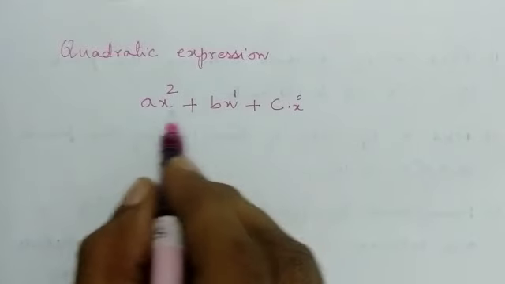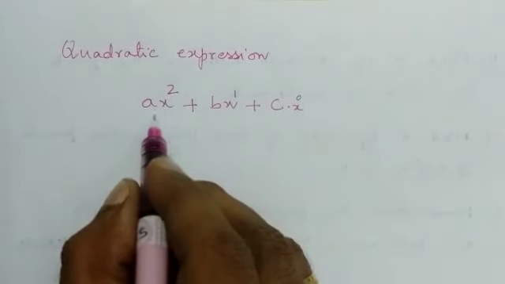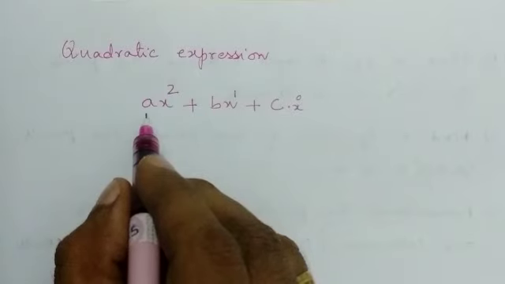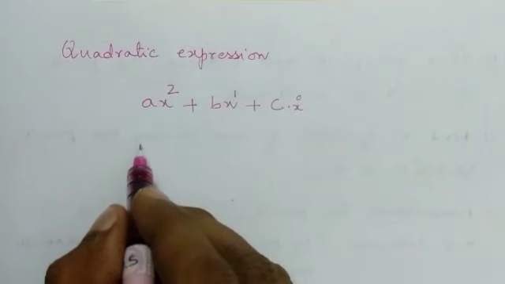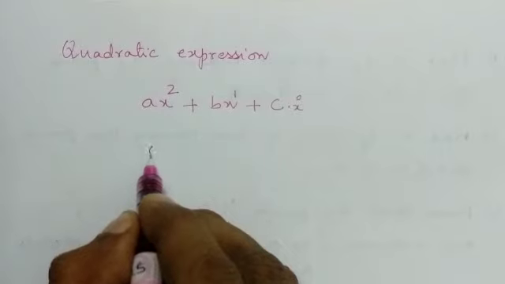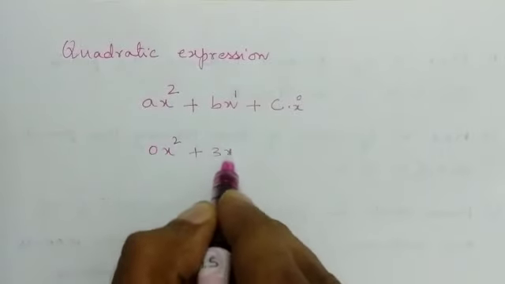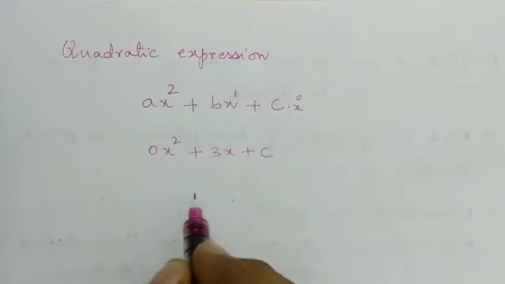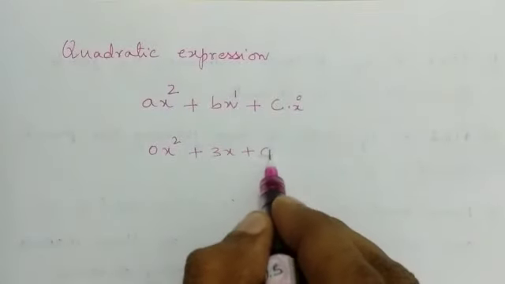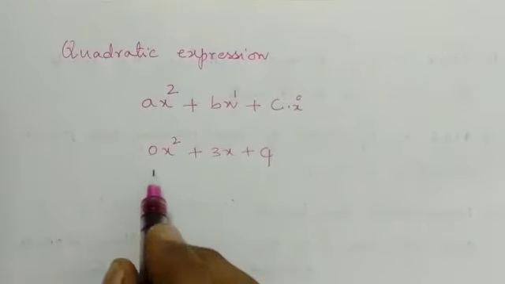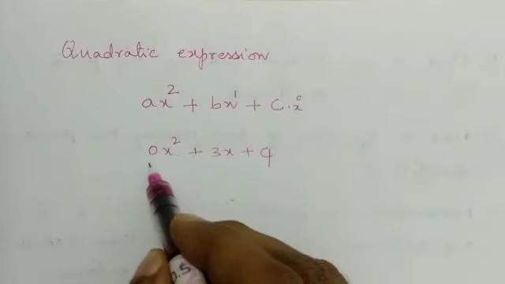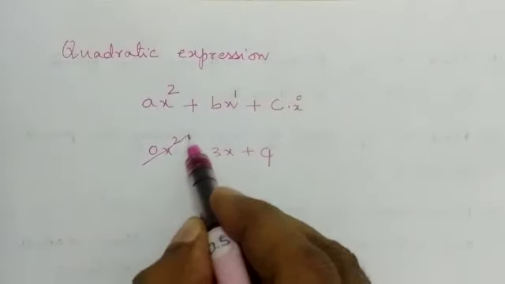The coefficient of the highest power of x must not be 0. Why? Suppose you have 0x square. 0x square means you are not having this term.